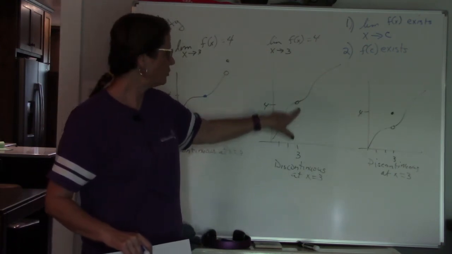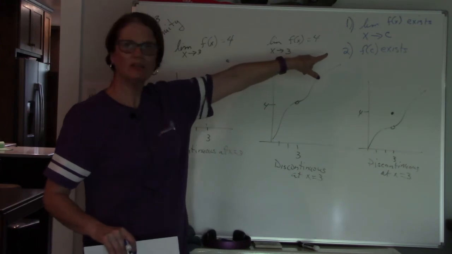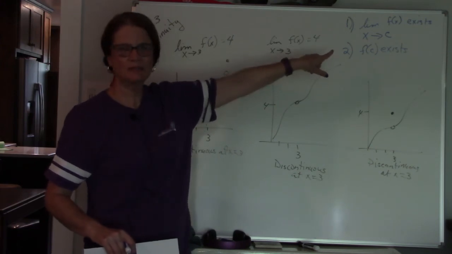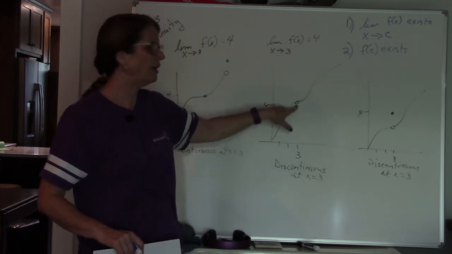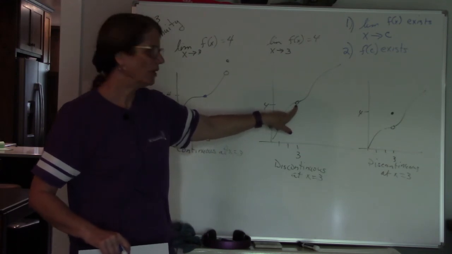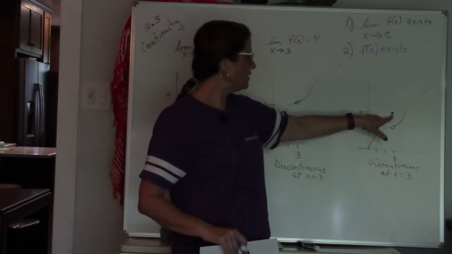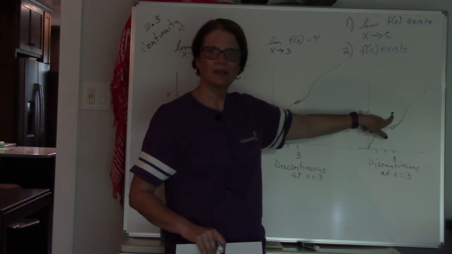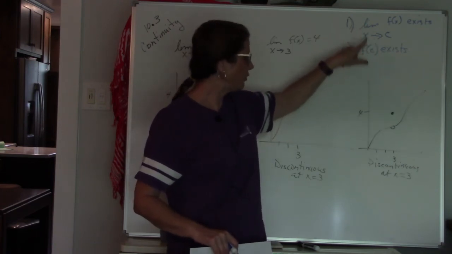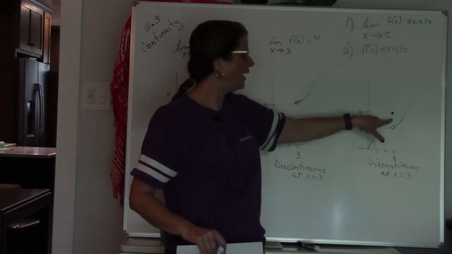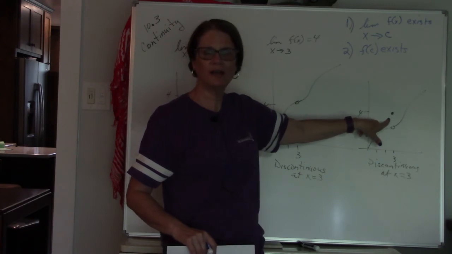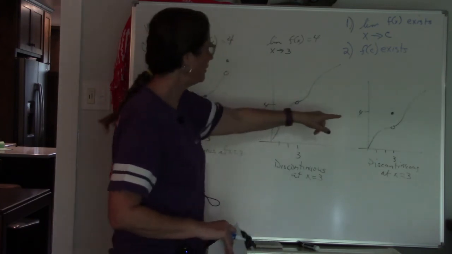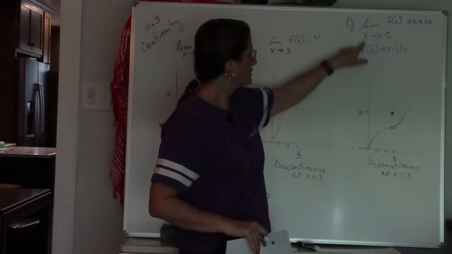So this one fails this f of c exists because there is no value at x is 3. Okay, this one, there is a value that exists. All right, so it passes both of them. The limit exists, and there is a value at x is 3. So this one passes the first 2.